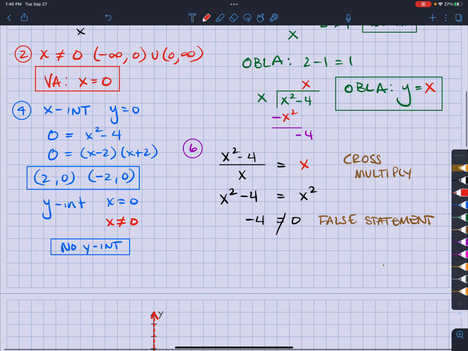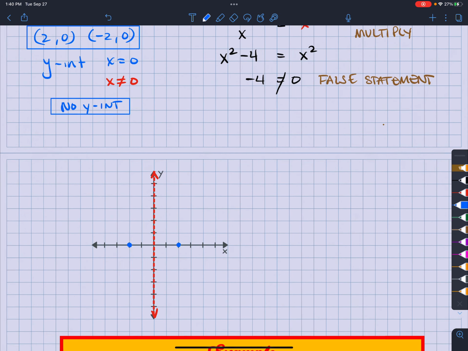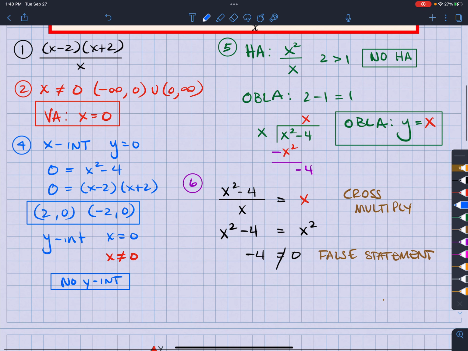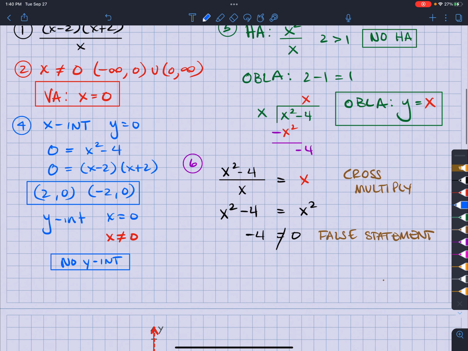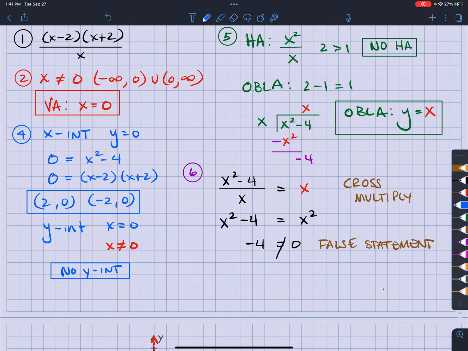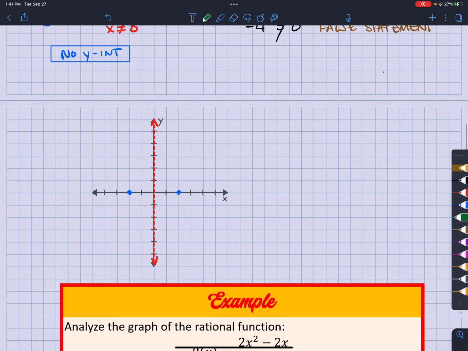I have an x-intercept at 2 and negative 2. And then no y-intercept, clearly, because it can't cross the vertical asymptote. No horizontal asymptote. And we have an oblique asymptote of y equals x, which would be a y-intercept of 0 and a slope of 1. So it should look something like that.